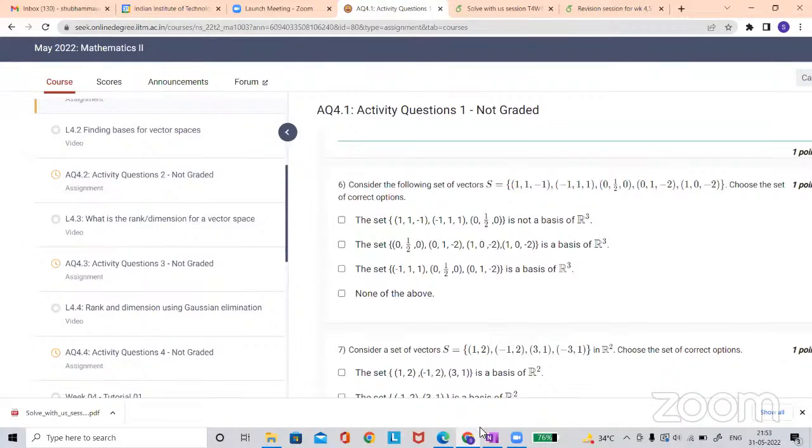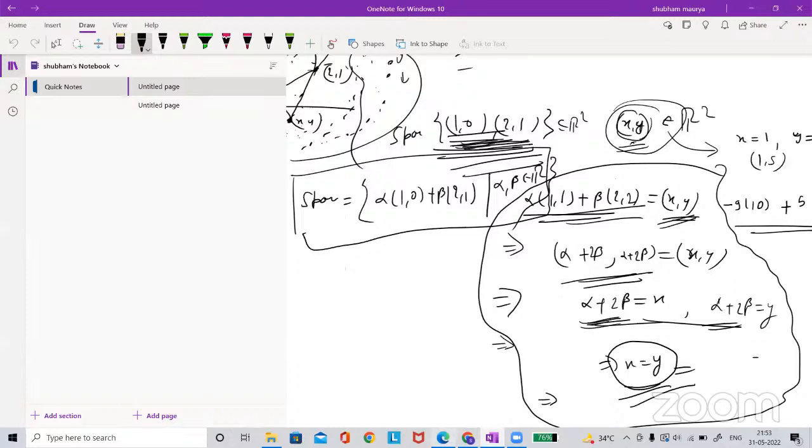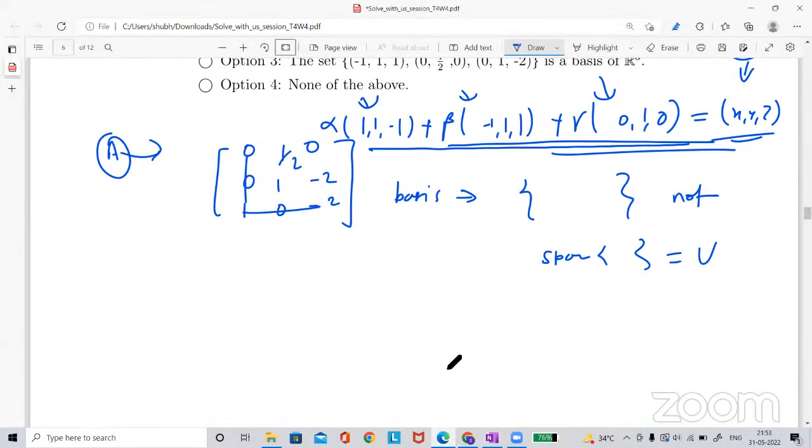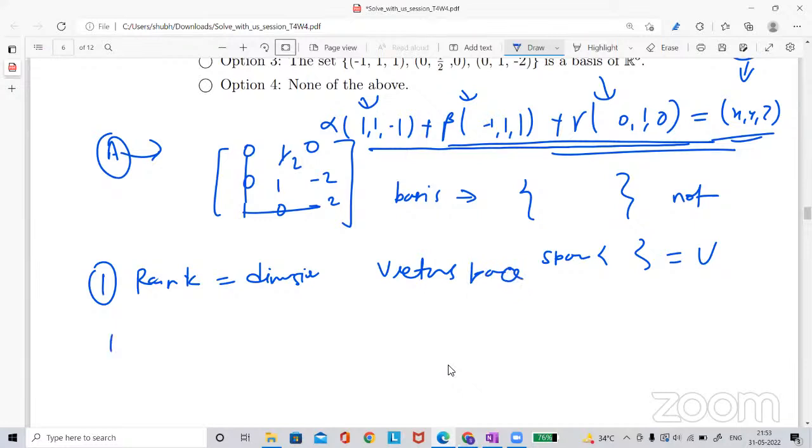So don't be confused. The rank word for vector space is the same as dimension, but the rank word for matrix is different, and dimension has no meaning for a matrix. Please note that rank and dimension are the same for vector space. But in the case of a matrix, only the word rank is used, not dimension. These are two different things.